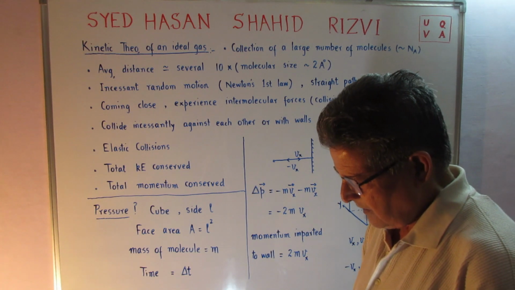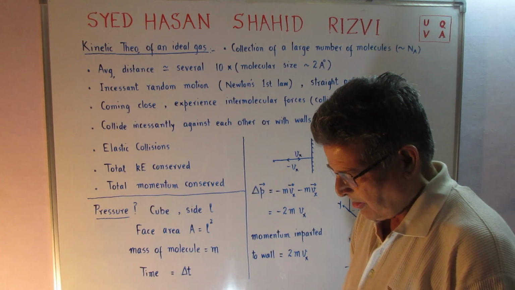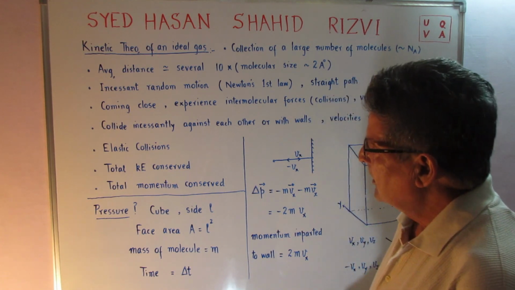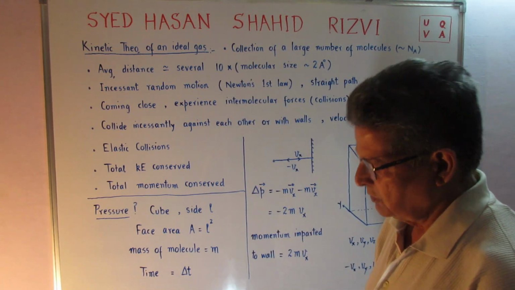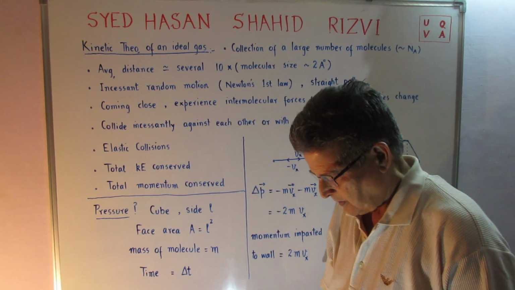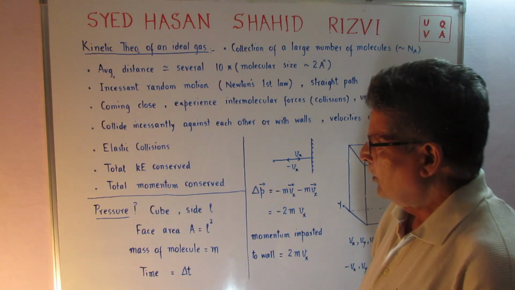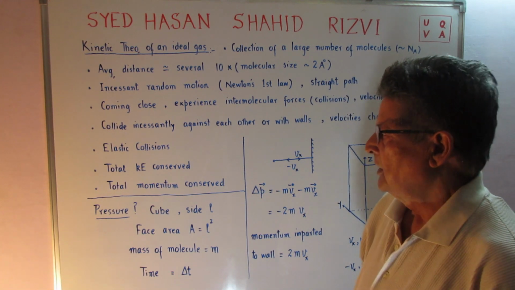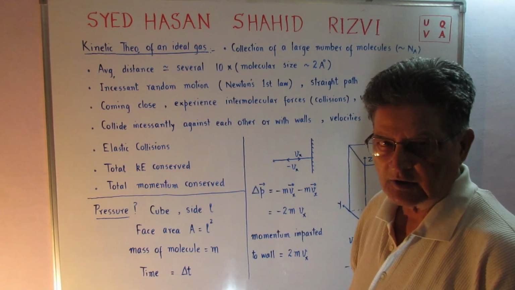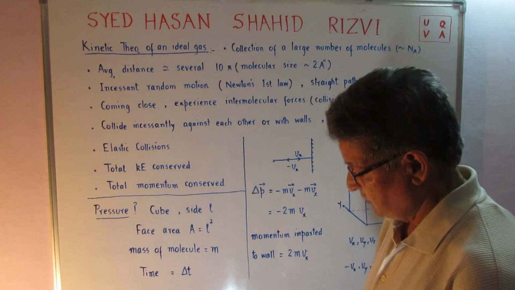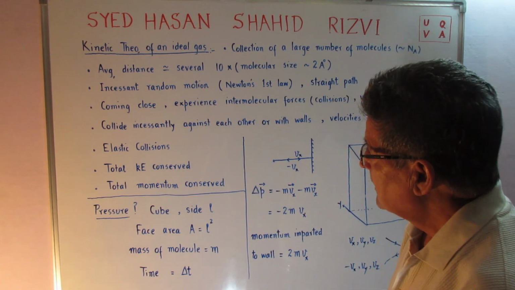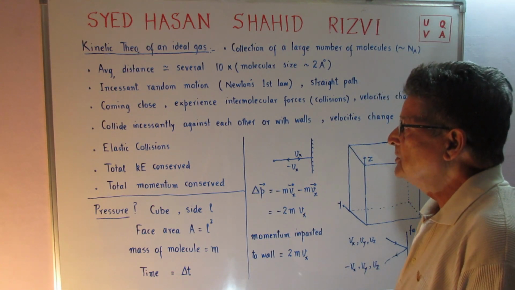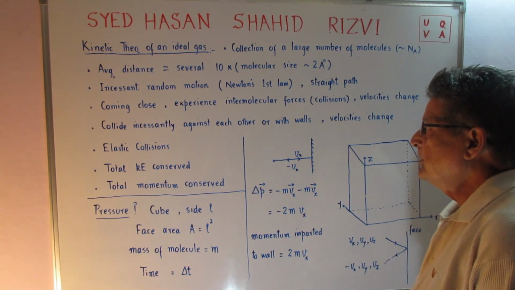And in the beginning I will tell you that whatever things we are going to relate here with the molecular kinetic theory of gases, in particular the ideal gas that we are going to take, ideal gas which exists at low pressures and high temperatures.